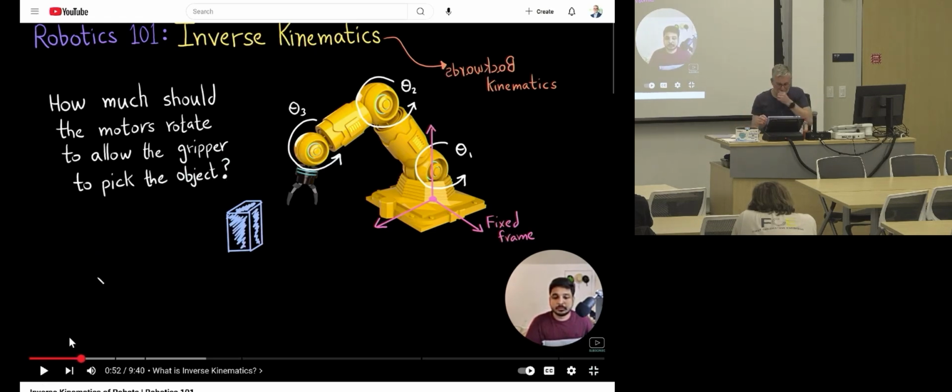Okay. So your robot could have any number of links and joints connecting them. They don't have to be revolute, which means rotation. They could be prismatic, which means they move on a linear line, okay? And you want to pick something up. So what you are specifying is a point in 3 space.